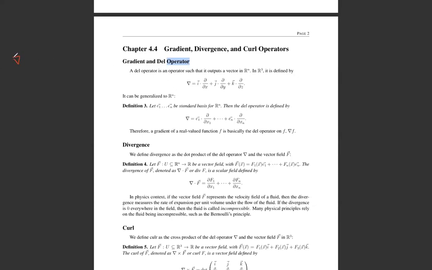So when you have the del operator applied to a real value function f, this is i times partial f of partial x, plus j times partial f of partial y, plus k times partial f of partial z.